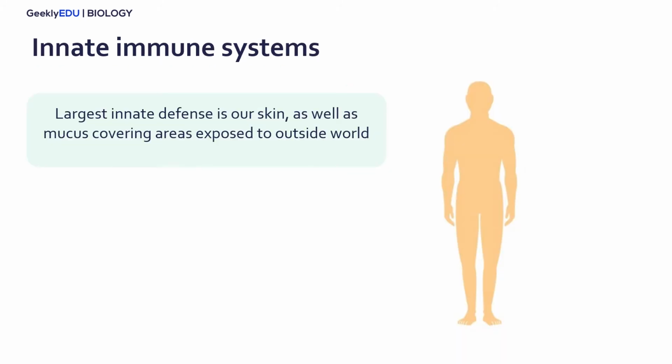Now, honing into the innate immune system a little bit deeper, the largest form of our innate immune system is actually our skin. It's very good at keeping foreign objects out of our body. And even the parts of our body that aren't covered in skin, such as our eyes or our nostrils, are covered by mucus, which performs the same defense.